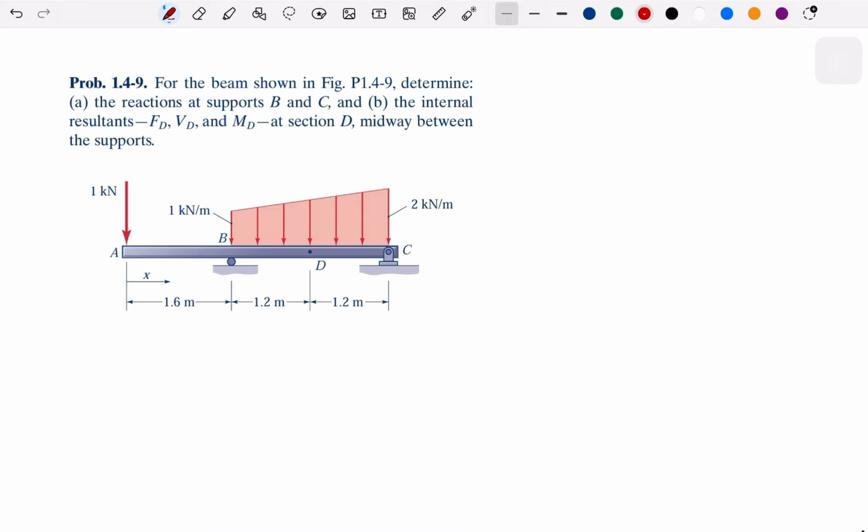Now, we have a distributed force, okay? So you see, the forces are different on the left and the right. It gets bigger when we move to the right, and it's linearly bigger. Okay, so you could think of this like a function, and then we can see other loads here, and then we have all the distances, and this is a roller here, pin, and this is a pin joint.